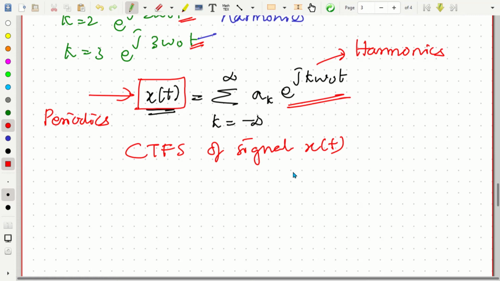The representation of a continuous time periodic signal x of t as a sum, or linear combination, of harmonically related complex exponentials is known as the continuous time Fourier series. I am going to type the definition here for you.